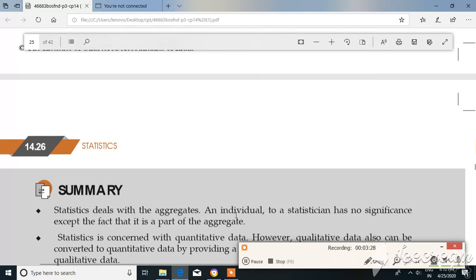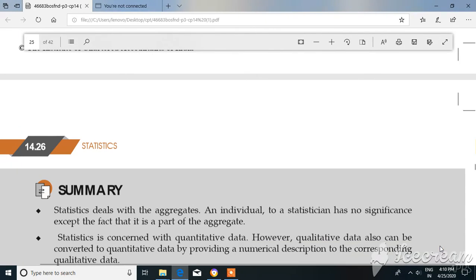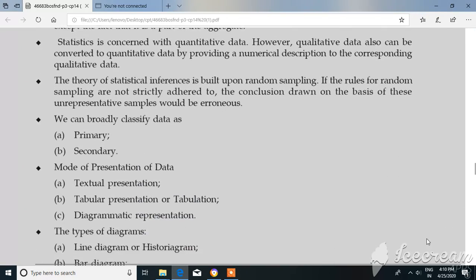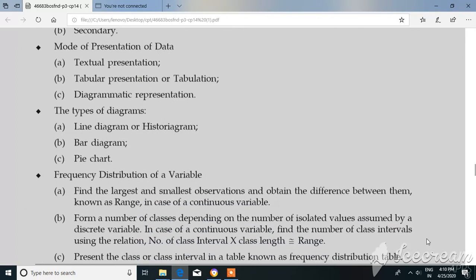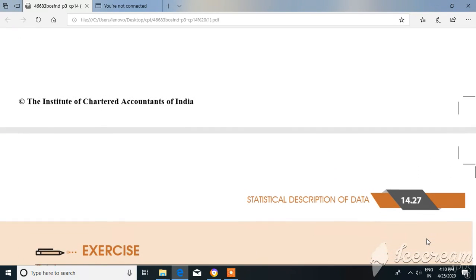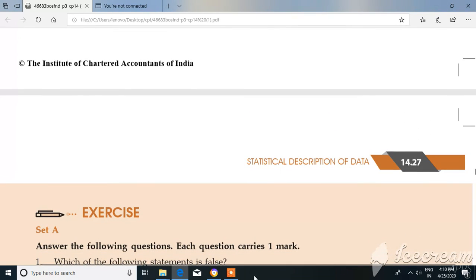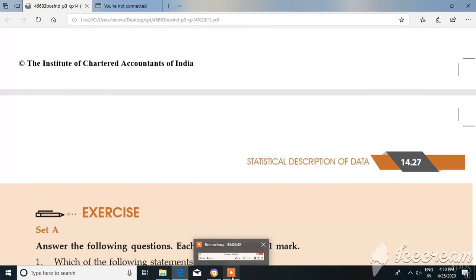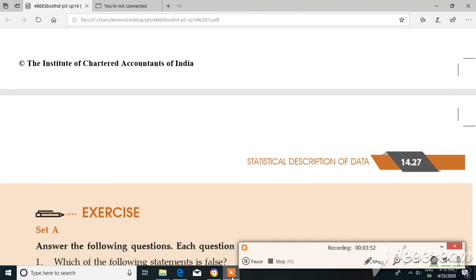Here a summary is given to you. Read this summary. These are the different concepts that we have learned in this chapter. The problems based on this we will see in the next lecture. I hope you understood this.